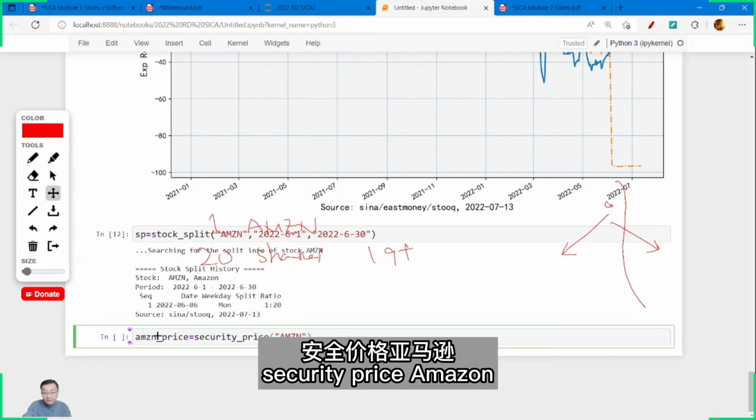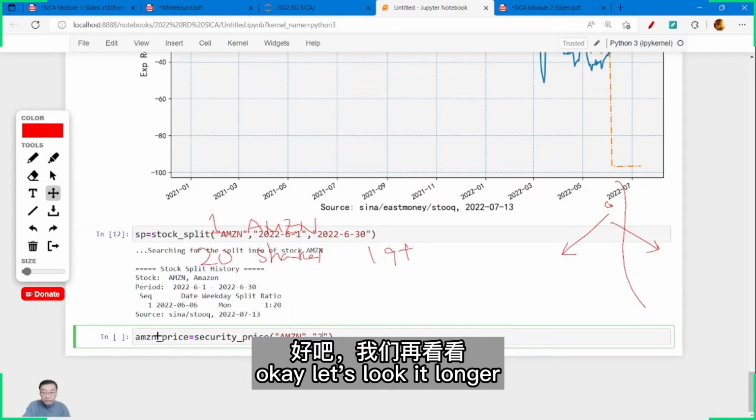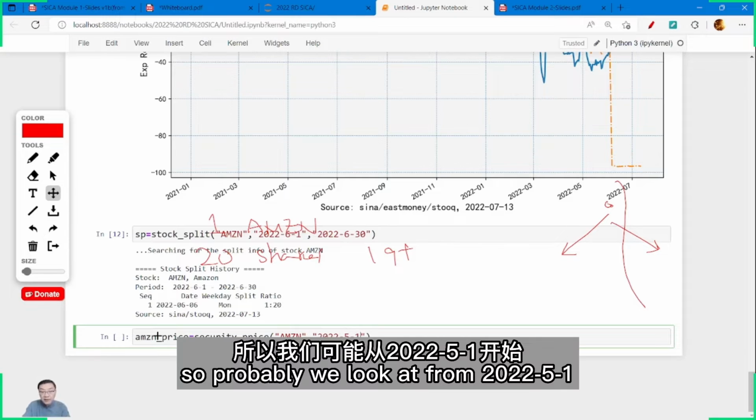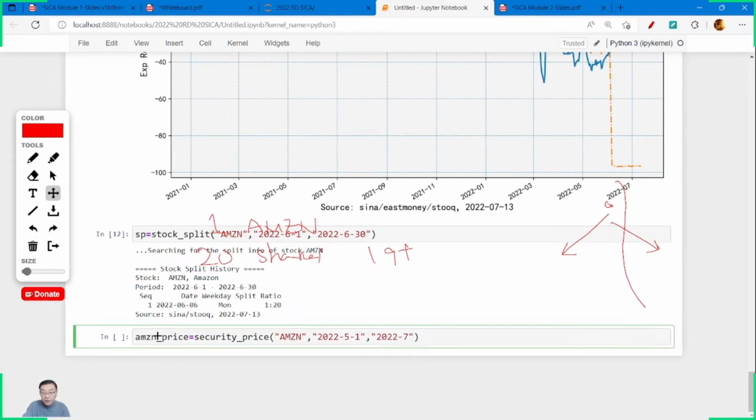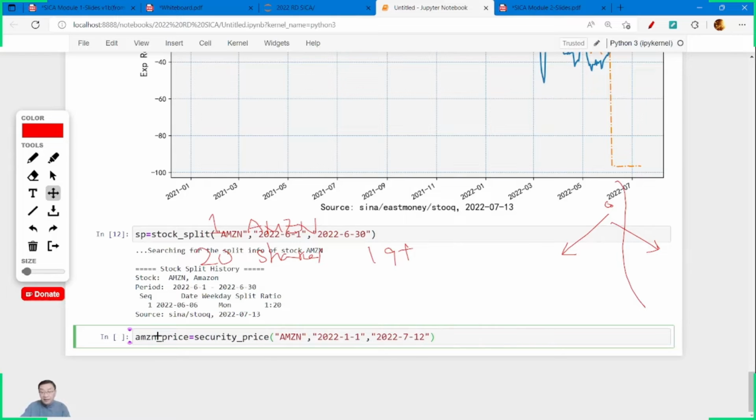Amazon. Okay, let's look at longer. So probably we look at from 2022, May the 1st to 2022, July the 12th. Okay, let's look at a longer time. Probably from January 1st, okay?